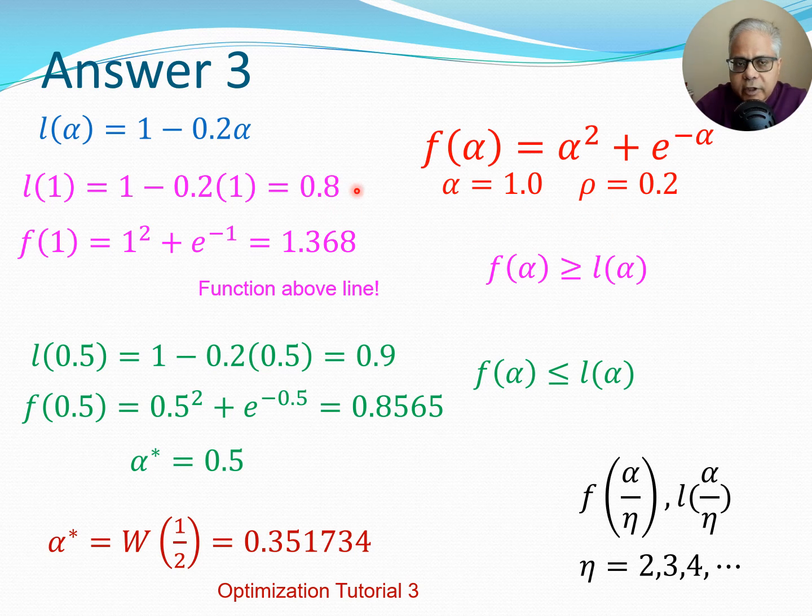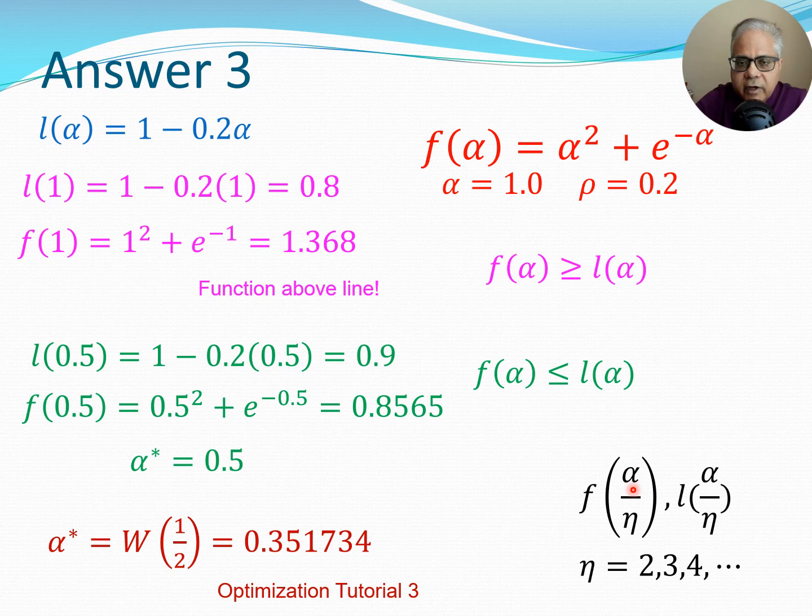So I first calculate the line and the function at these points, and I get the line is 0.8 and the function is 1.368. So in this case the function is actually more than the line value. So here this particular inequality is satisfied, and what of course this means is that I have to reduce the value of alpha, and therefore now I need to calculate the function and the line at all these values here.